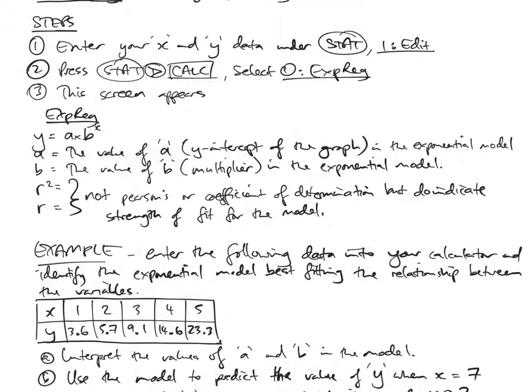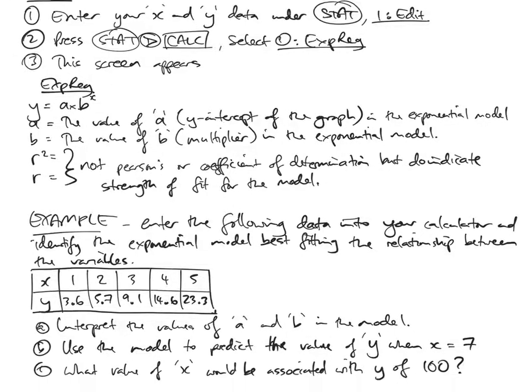Next step, press stat, go to the right on the calc tab, select. Instead of lin_reg, which we've been doing over and over again, you scroll down to 0 and you select exp_reg. Set the x list to where your x data is, L1, y list to L2, and calculate.